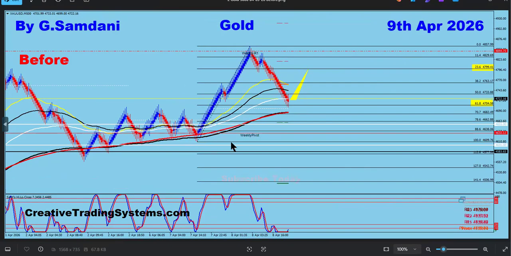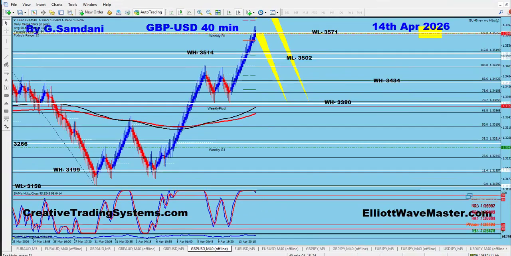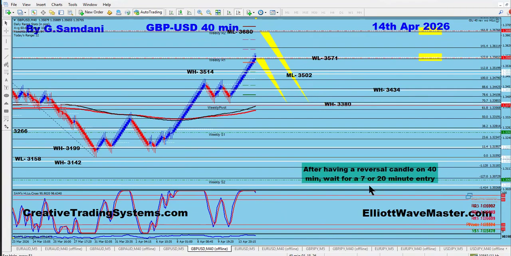After this chart, as always in my charts, the trade opening strategy is: after having a reversal candle on the 40-minute, wait for a 7-minute entry. That's the idea in all my trading.